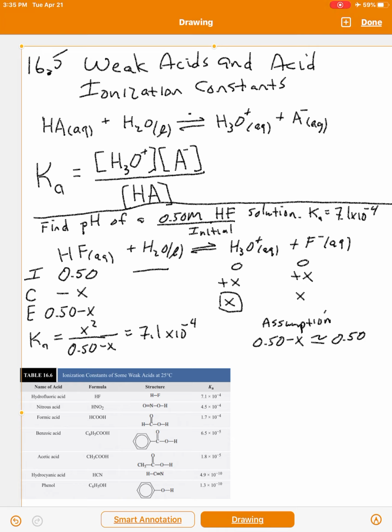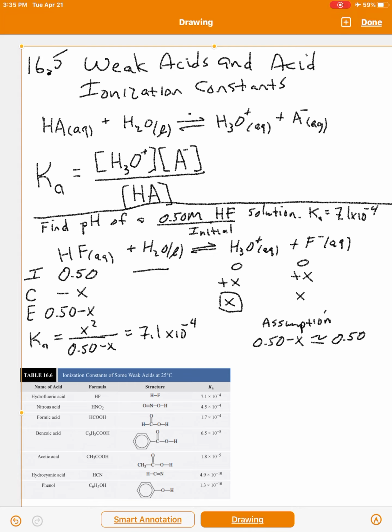Now, we'll test the validity of that assumption later, but this is a very common method that we use in acid-base chemistry: if an equilibrium constant is small, meaning much less than 1, and Ka is much less than 1, right? It's only 7.1 times 10 to the minus 4.